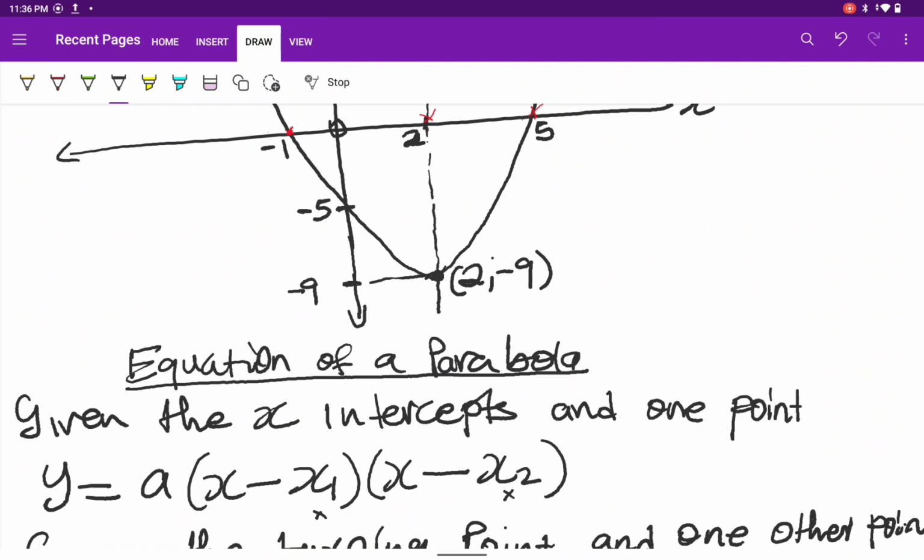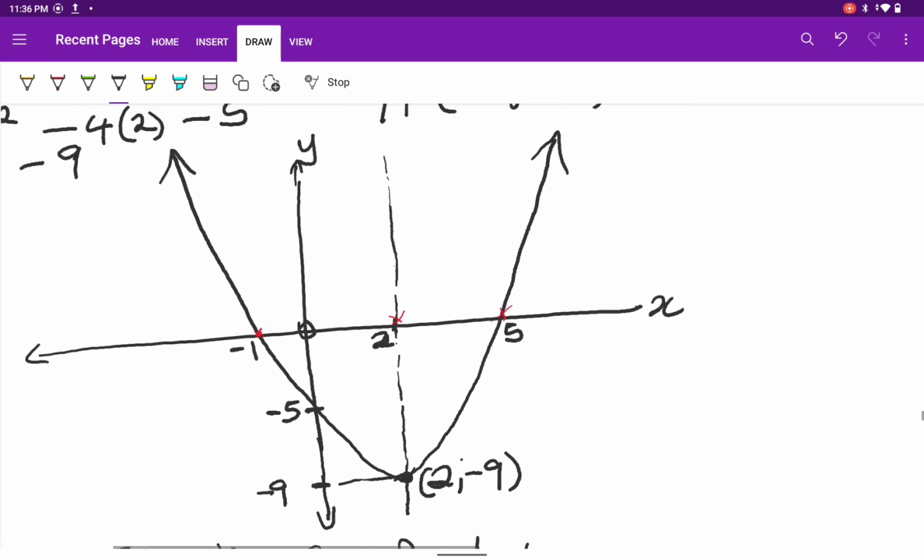Looking at this graph here, we realize that the y coordinate of the turning point is -9.